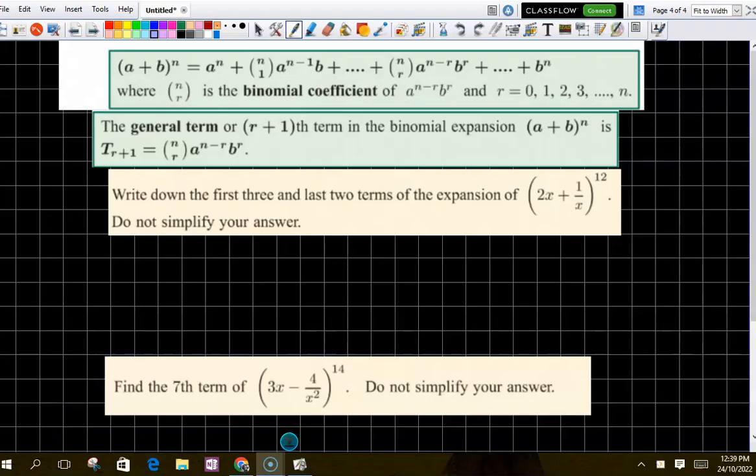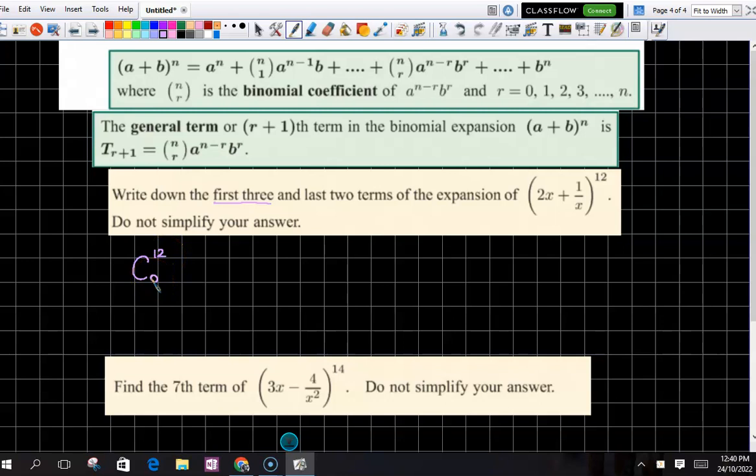So this is the last bit for this little unit, right? And we're saying that find the general term, write down the first 3 and the last 2 terms of this expression. So what we're wanting to say is we do not want to go and do 12 rows of Pascal's triangle. So hopefully what you can see is that the first term will be C 12,0.